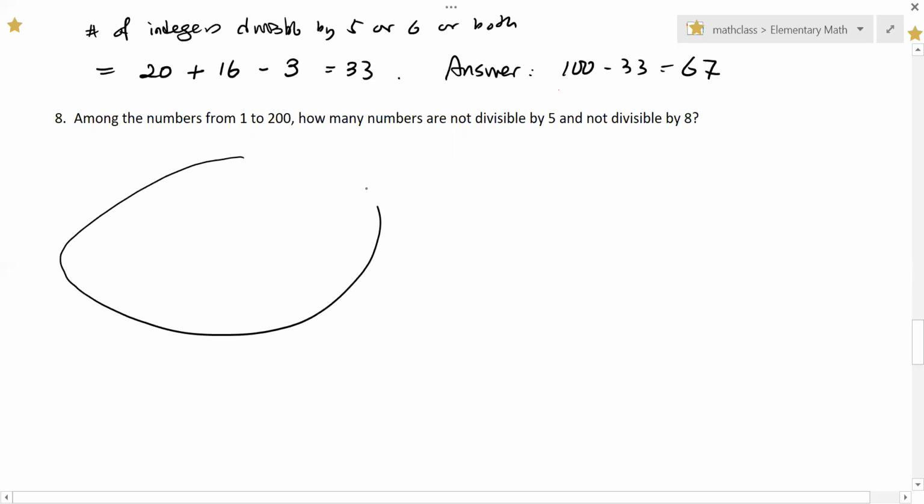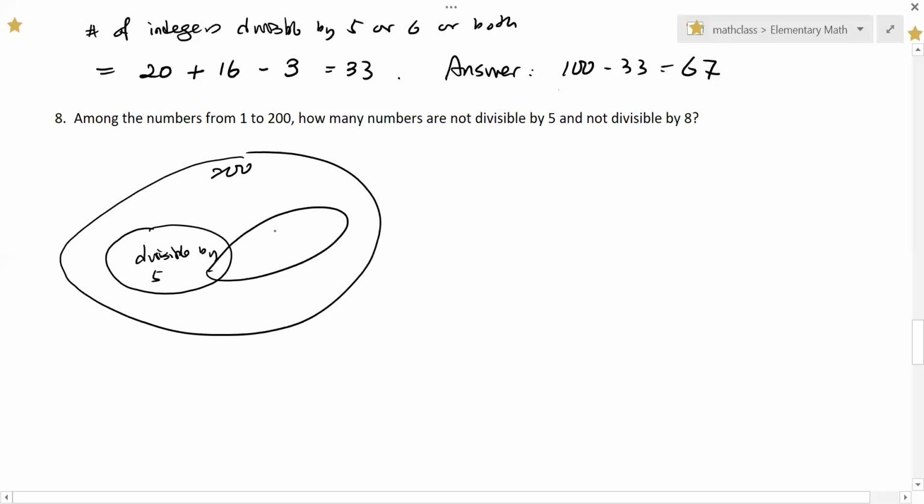So we draw the picture again, right? Total we have 200. And then we write down this is divisible by 5. And then we also have those numbers divisible by 8.